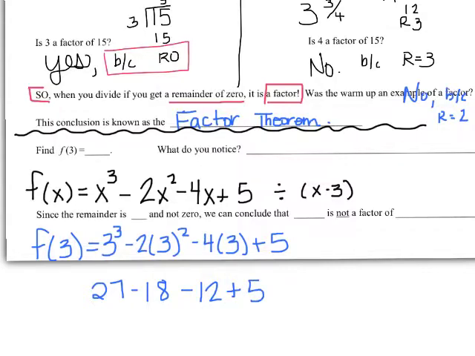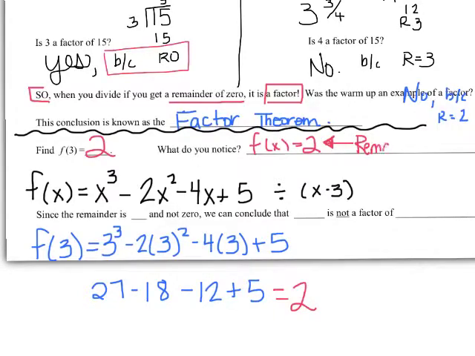If you add this, 27 minus 18 is 9, minus 12 is negative 3, add 5 is 2. So f of 3 equals 2. Remember from the warm-up, 2 was the answer that we got for the remainder.